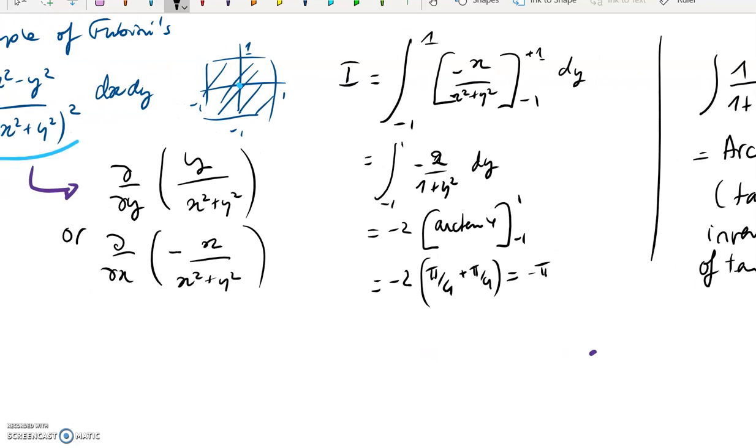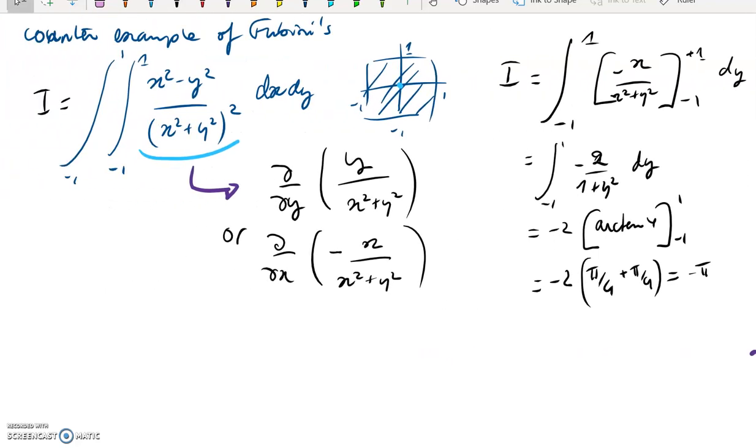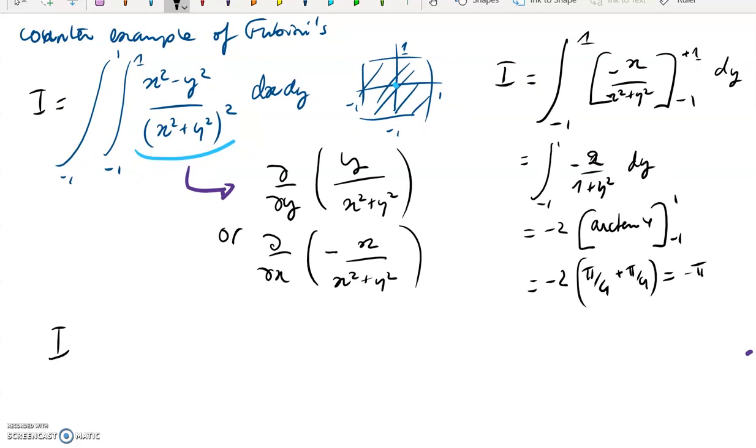Whereas if you perform this integration, let's call that I tilde, from negative 1 to 1, negative 1 to 1 of my function, but dy dx, guess what we're going to get? So we get the integral between negative 1 and 1.